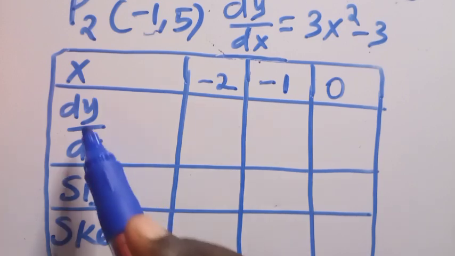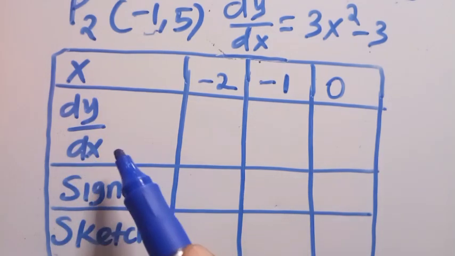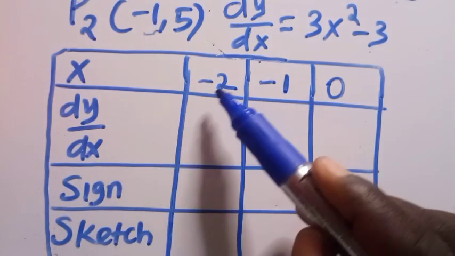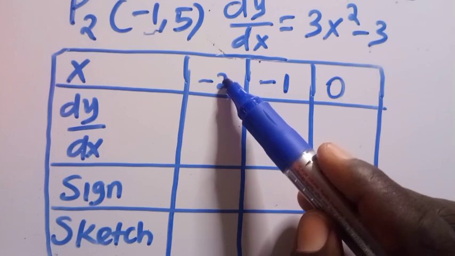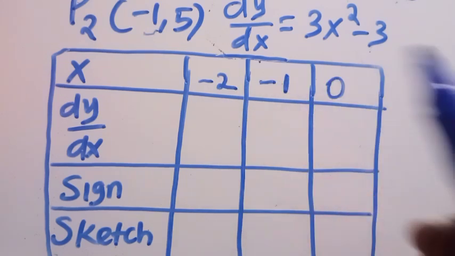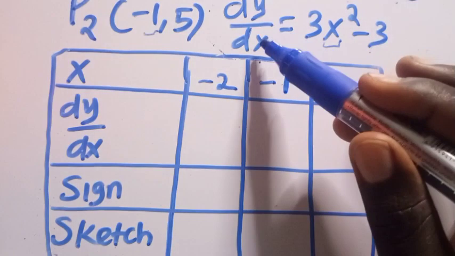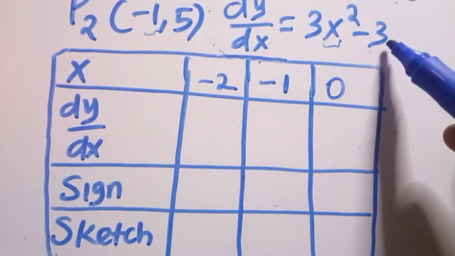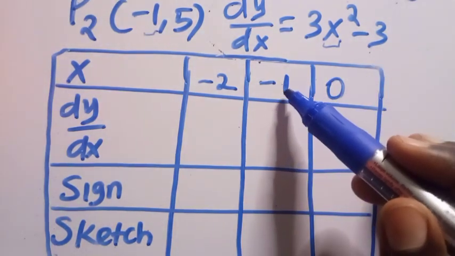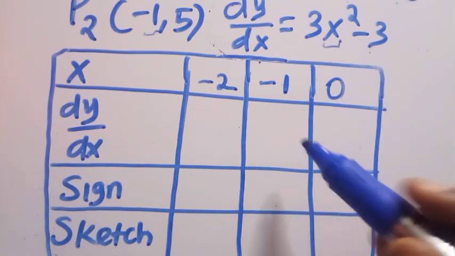Now, we need to obtain dy over dx when x is negative 1. It is just 0, because dy over dx is 3x squared minus 3, and if we substitute negative 1, it is just 0.